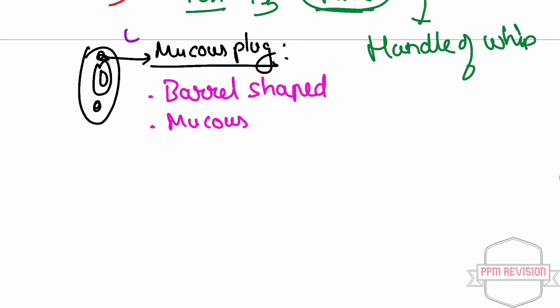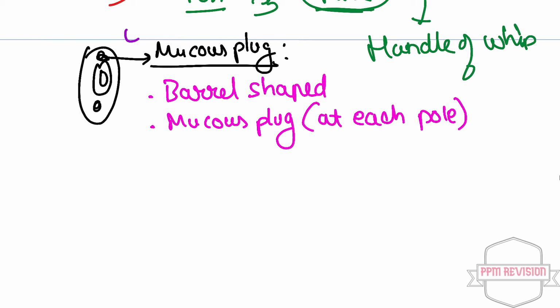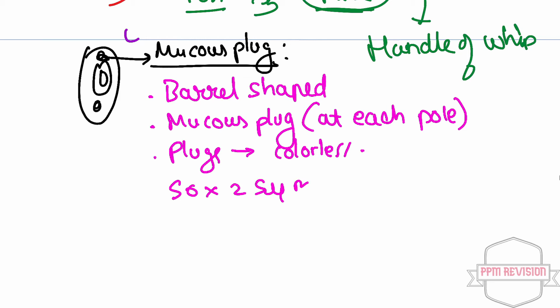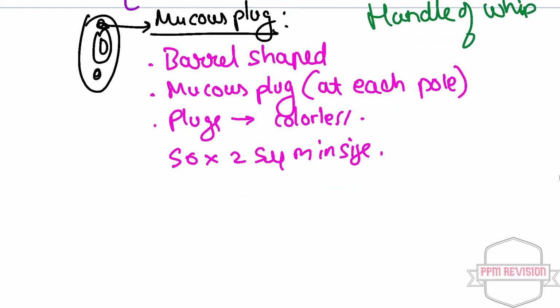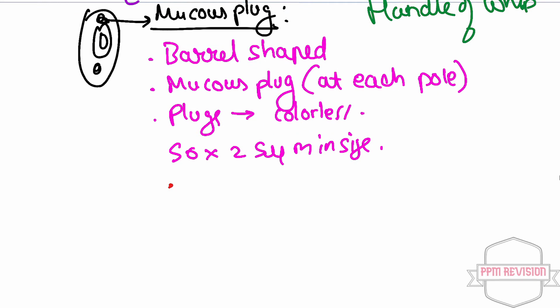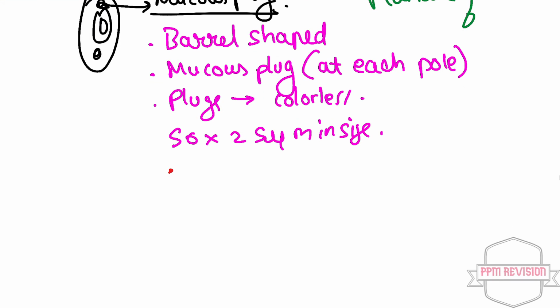The plugs are colorless, and the eggs measure about 50 by 25 micrometer in size and are freshly passed, and the freshly passed eggs contain unsegmented ova.